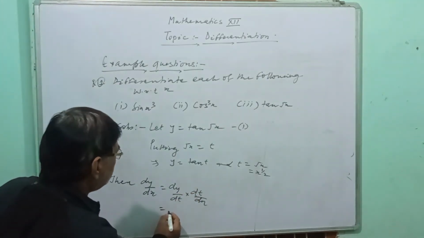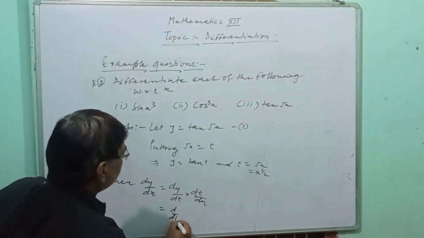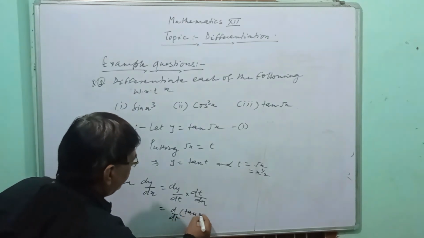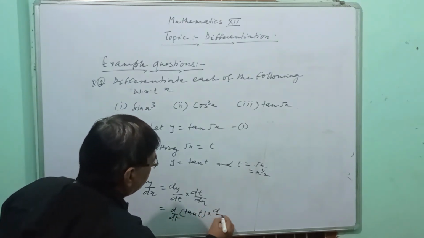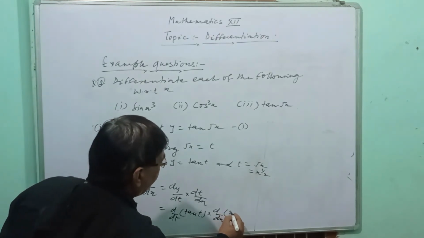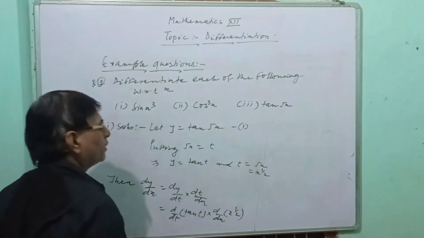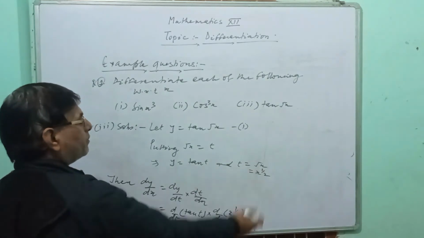This is equal to d by dt of tan t into d by dx of x to the power 1 by 2. Root x means x to the power 1 by 2.